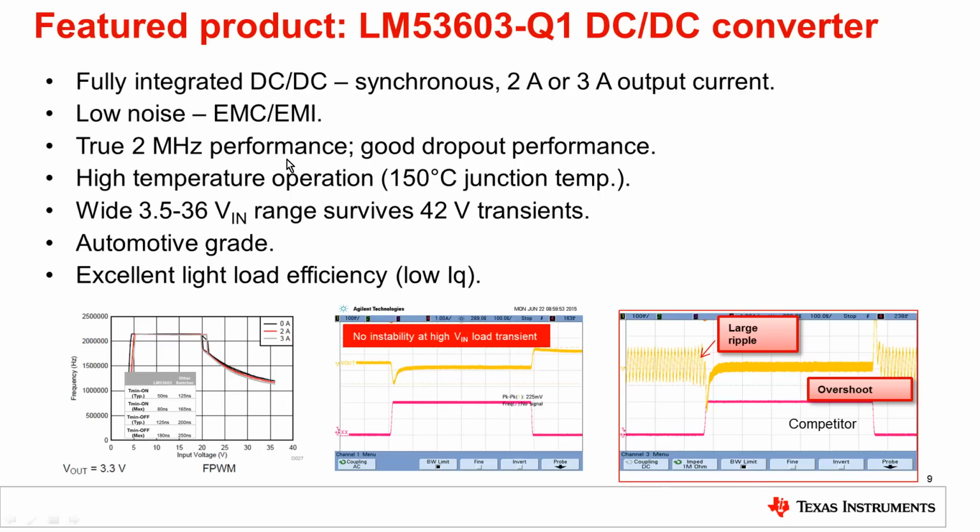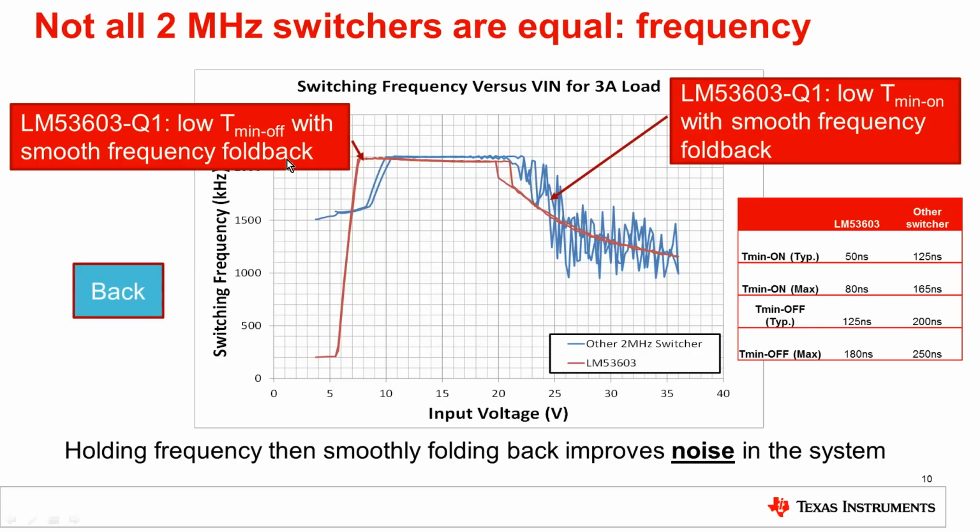First let's go into the detail of the true 2 megahertz DC-DC converter, and we will come back to this slide again. So what is a true 2 megahertz DC to DC converter? Putting 2 megahertz on the datasheet is very easy, as most DC-DC converters will operate at that frequency. But in reality, how the device operates at that speed is more important, as it affects the system.